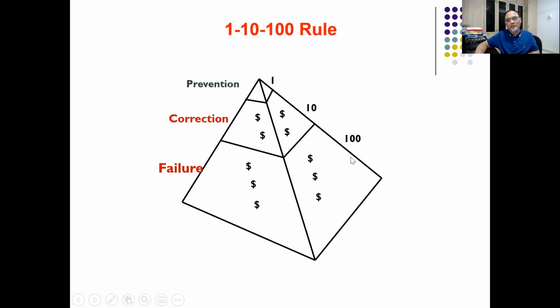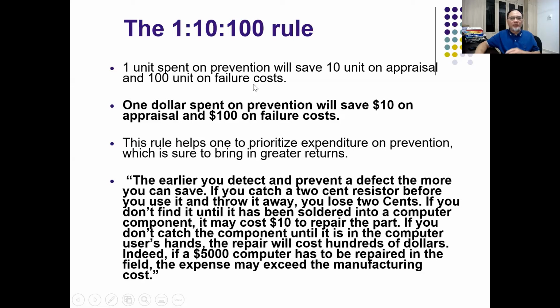It's just a guide. So 1 unit spent on prevention will save 10 units on appraisal and will save 100 units on failure costs.